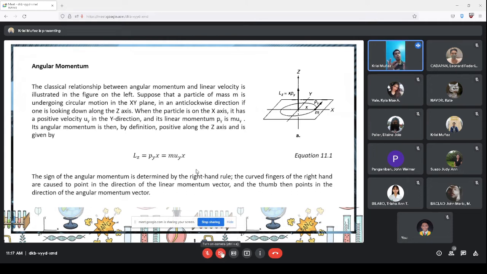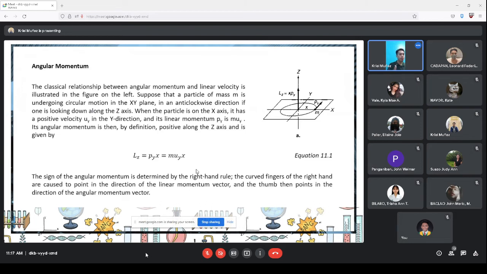So in the right hand rule for the angular momentum, don't get confused, because for the magnetic moment it is the left hand. For this one, since our direction is counterclockwise, the thumb is up. So you would expect our angular momentum to have a positive value.